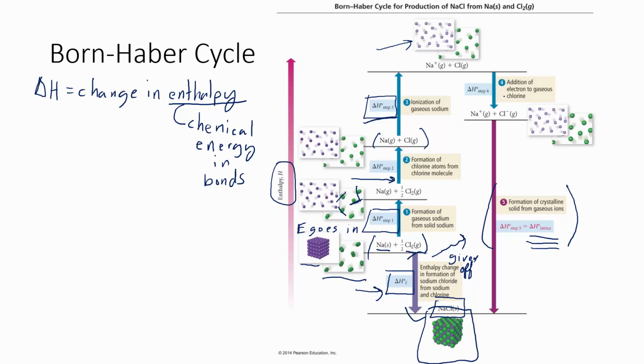Now we're going to add an electron to chlorine, because it has a certain amount of affinity, and that's the type of energy that we refer to this as, the electron affinity energy of chlorine atoms, and make this chloride ion. Now that is a process that's actually energetically favorable.